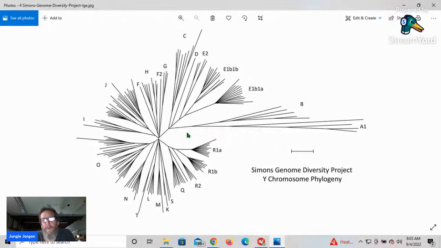Now, of course, the skeptics want to root the tree in A here somewhere, but just because there's a large, considerable genetic distance doesn't equate to age, because, of course, Ham is the youngest son. So even though Ham is the youngest son, he has this lineage of Cush, this Cushite lineage here, that has the largest genetic distance of anyone else.